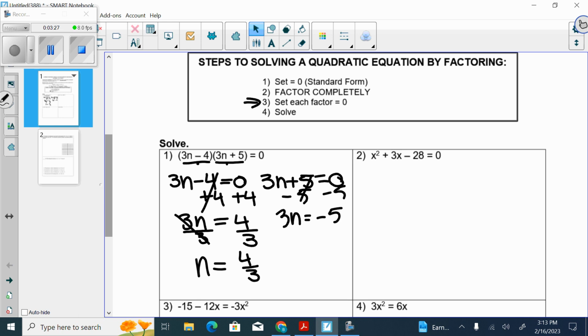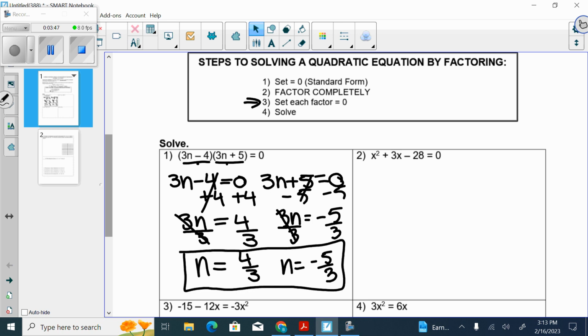Then what should we do? Divide. Again, if we divide negative 5 by 3, is it going to give us a nice number? No. So I'm just going to say n is equal to negative 5 over 3. So those are my 2 zeros. That's where it would touch the x-axis if I graphed it.